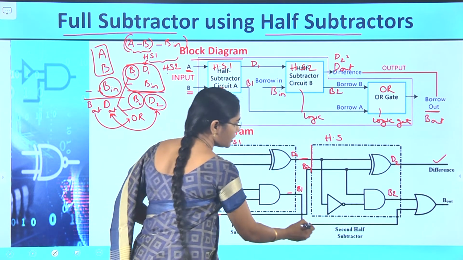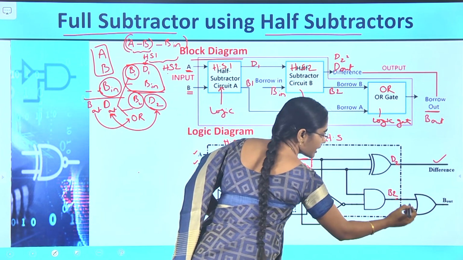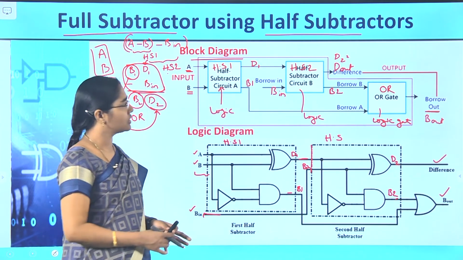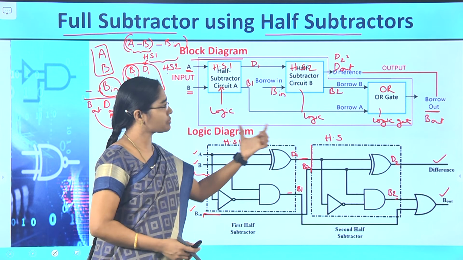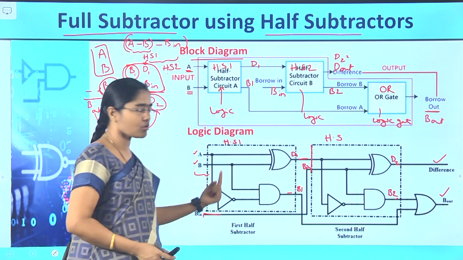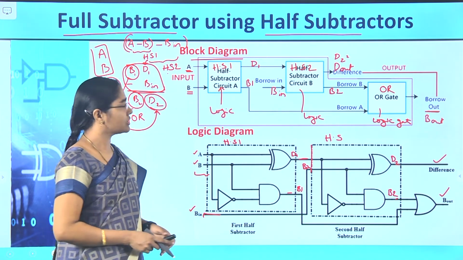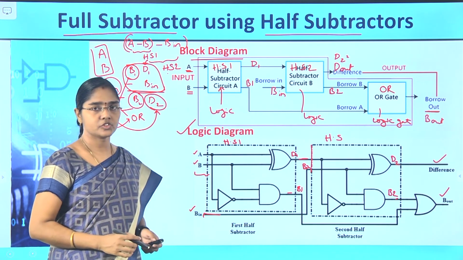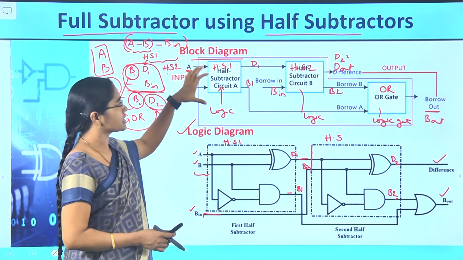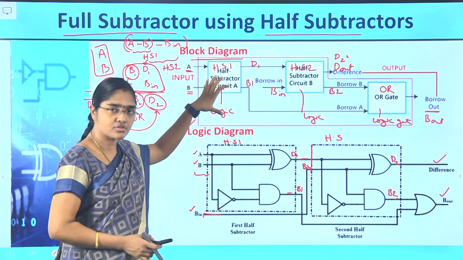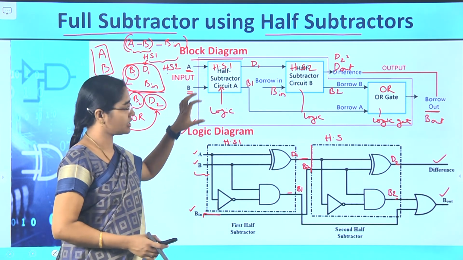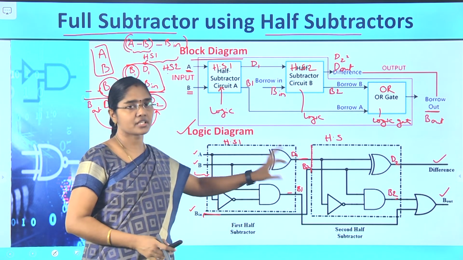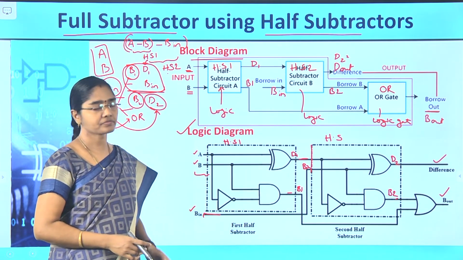This B1 line and B2 line are given to the OR gate to get the final B out. So just replacing these half subtractors and the OR gate with their logic diagrams gives the logic diagram of the full subtractor using half subtractors and an OR gate.